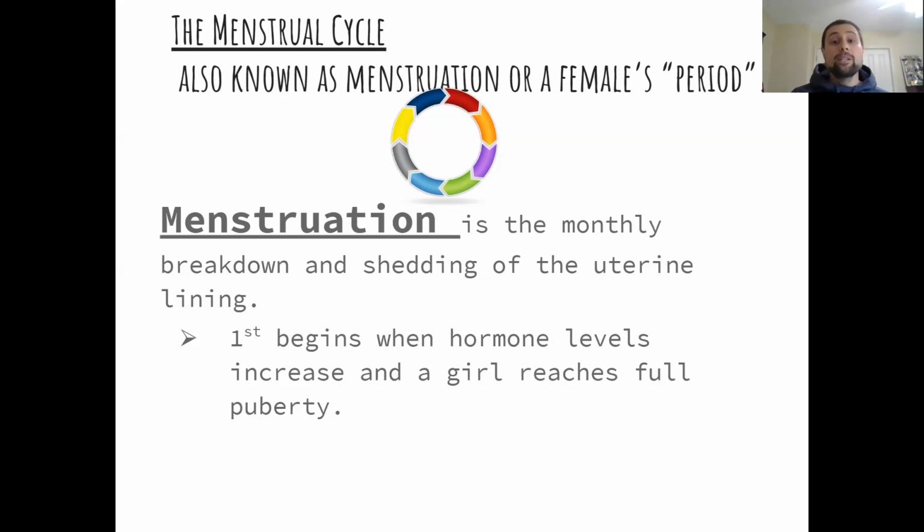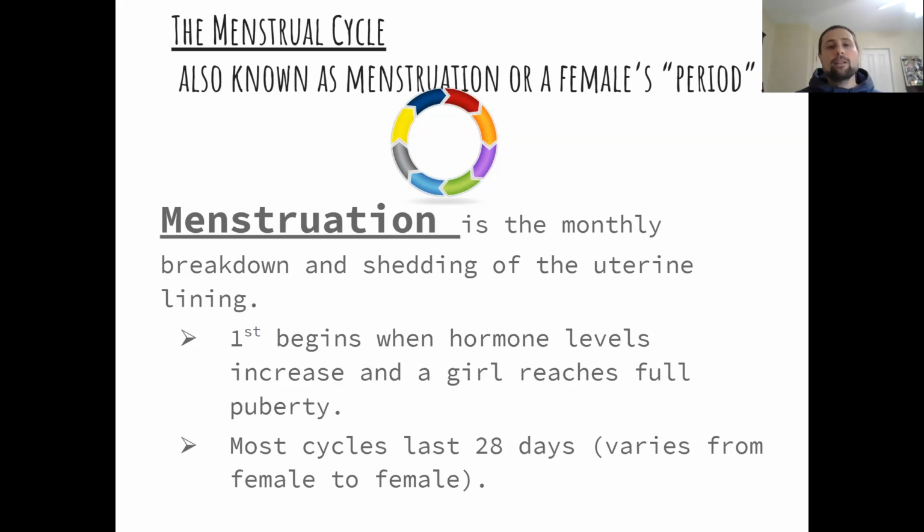The menstrual cycle first begins when the hormone levels increase and a girl reaches full puberty. So that's why we're discussing it, because we're discussing adolescence and puberty. When a girl begins puberty and her estrogen levels are at a high enough level, then she will begin her period.